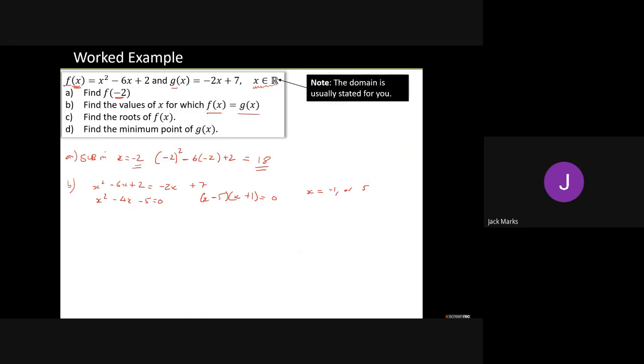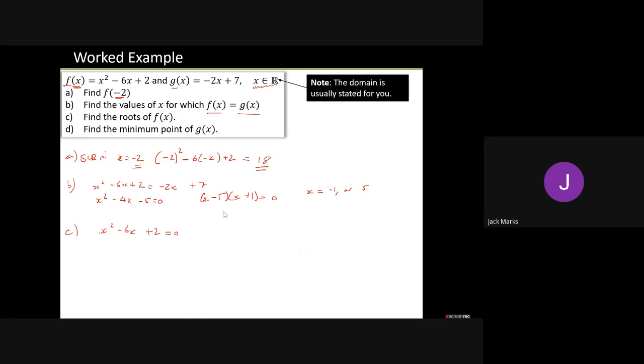The roots. Well, the roots, this is just saying when x squared minus 6x plus 2 is equal to 0. Okay, so you could do something very, very similar there. If you haven't used it already, now is a good time again, perhaps, to check the quadratic solver on your calculator.